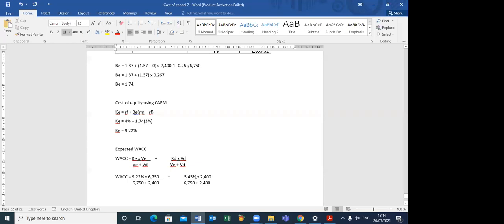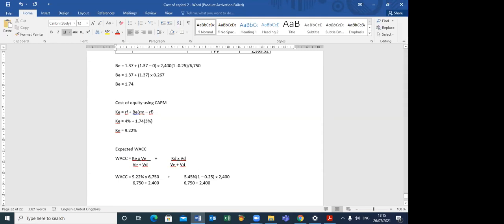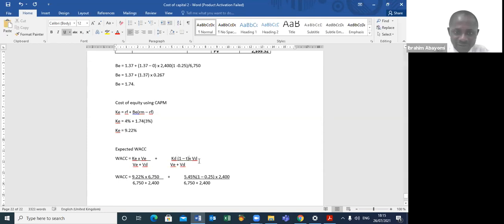It should be net of tax, 1 minus 0.25. Thank you. So that was the error I made. Anytime you are using pre-tax cost of debt, you need to make this adjustment. Please don't forget.